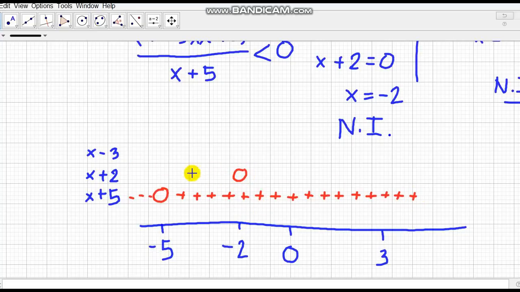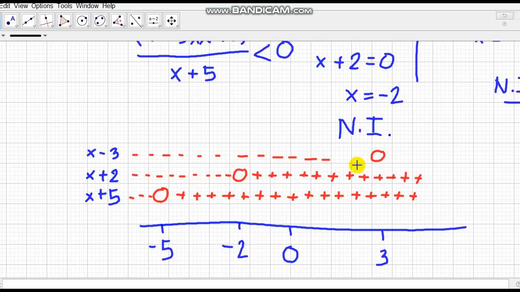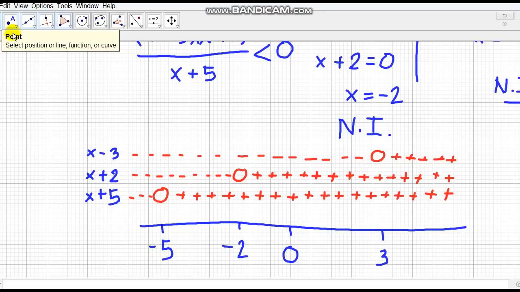So 0 right here, negative, positive. And for the last one, we have x minus 3, and this 3 right here is going to be here. They're all hollow because they're not going to be included. If it's included, it should be a solid dot, so we're going to shade what's inside if it's included, but in this case, it's not.